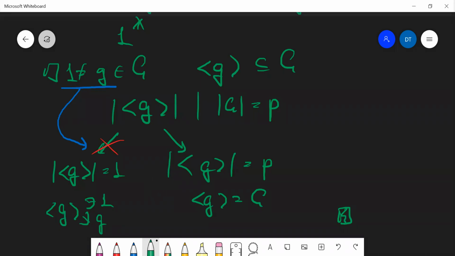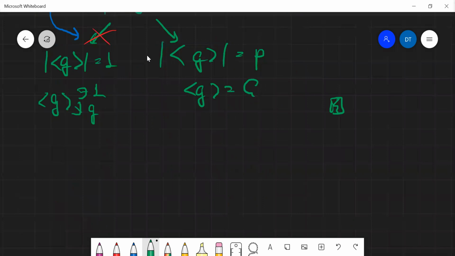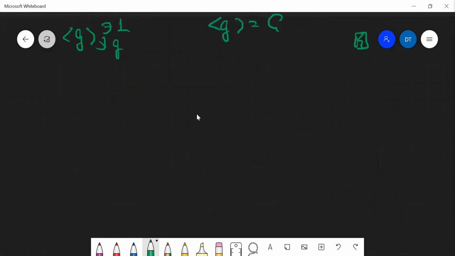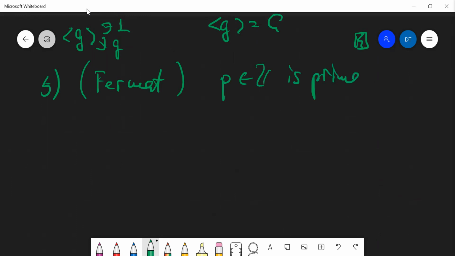And the last corollary is the Little Fermat theorem, corollary number 5. Suppose p is a prime number, and a is an integer such that p doesn't divide a.